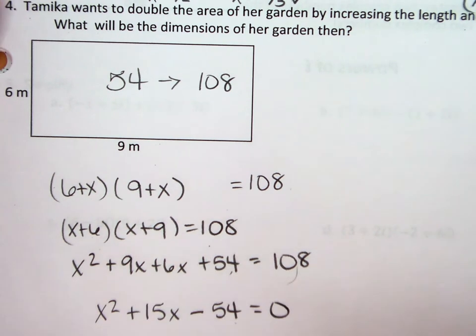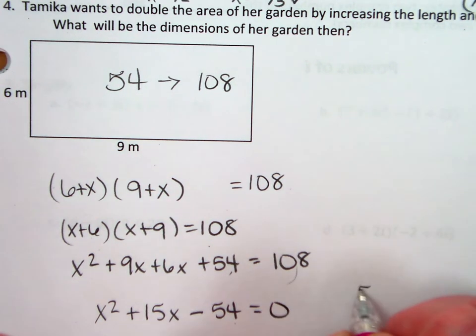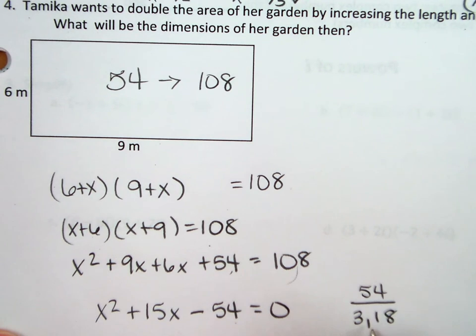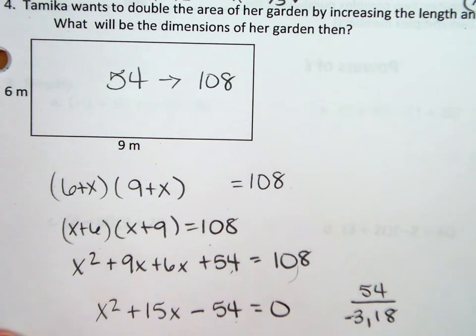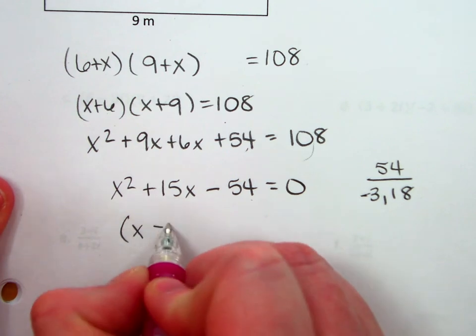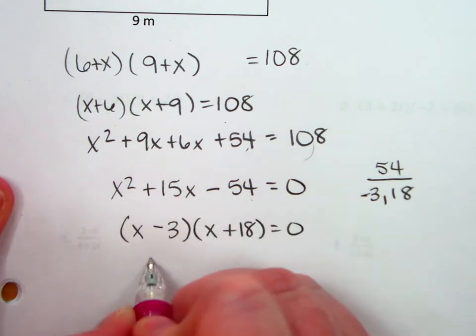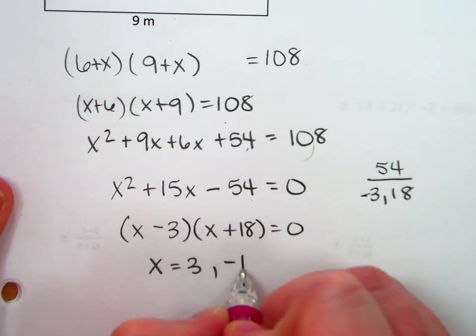So what factors of 54 add up to be a positive 15? 54 is divisible by 3 and 18. Negative, but I want to add a positive, so I'm going to use that one. So I'm going to bring this down here. x minus 3, x plus 18 equals 0, x equals 3 and negative 18.